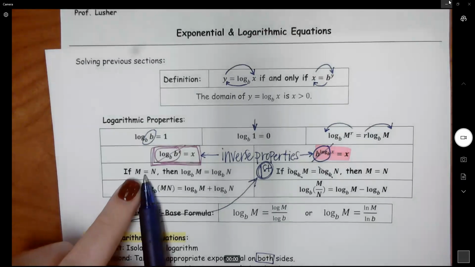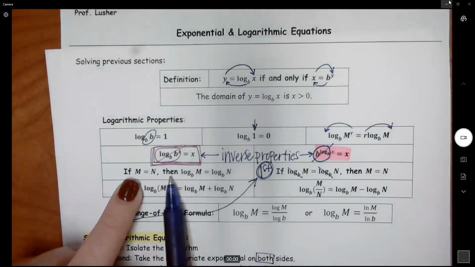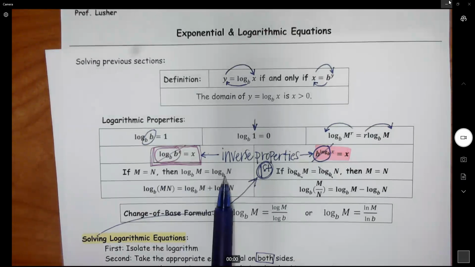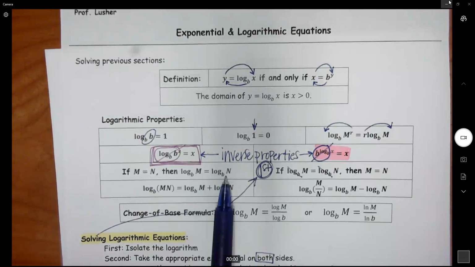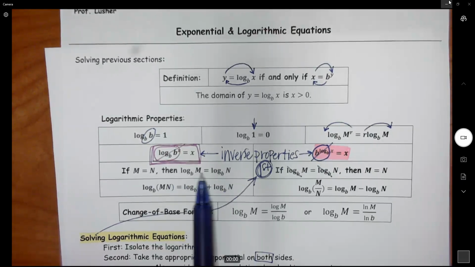When I have one side equals the other, you can do log base b and log base b. So you could do common logs, you could do natural logs, you could do log base 4s, you could do log base 3s. It doesn't matter which base you pick.